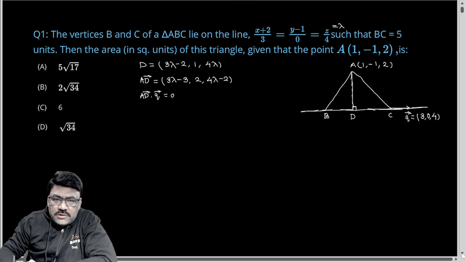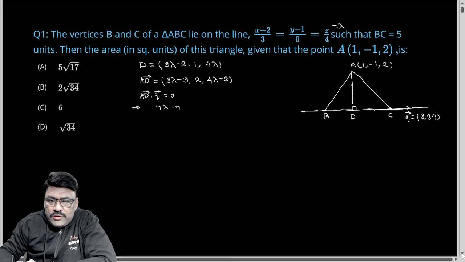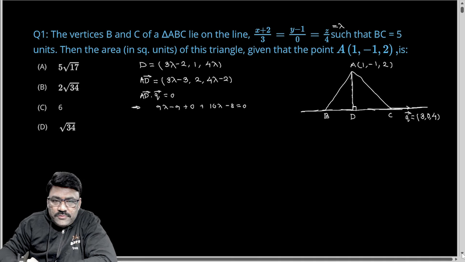Now take the dot product of AD with Q. So you will get 3 into 3 lambda minus 3, which means 9 lambda minus 9, then 0 into 2, which is 0, and 4 into 4 lambda minus 2, that will be 16 lambda minus 8. This equals 0.